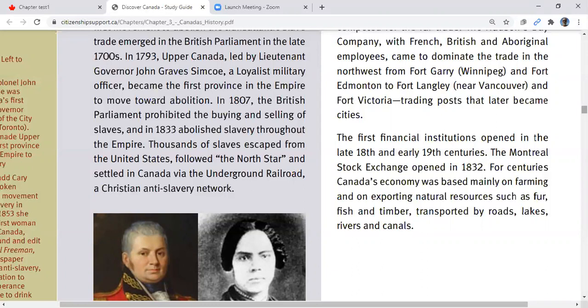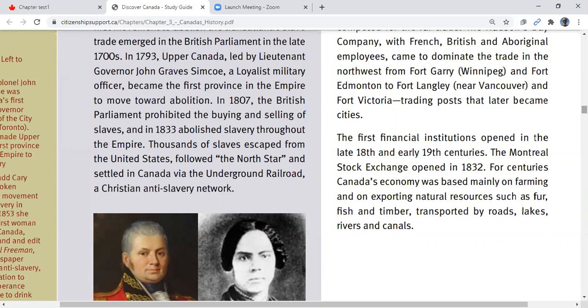First, financial institutions. What do you think a financial institution is? Finance. Do you think a financial institution is like a bank? It's a bank, really. A financial institution is a bank or a place like a stock exchange, where you trade parts of companies for money.